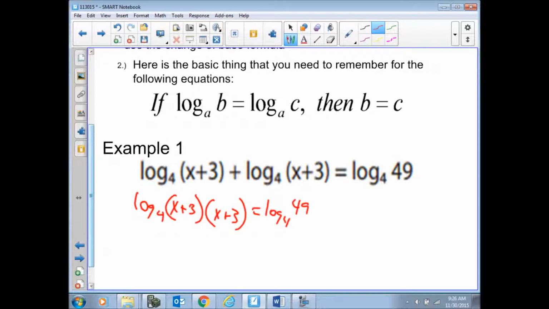Now this is in the same form: log base 4 of something equals log base 4 of something. So you can say that the something on the left has to equal the something on the right. You can drop the logs.